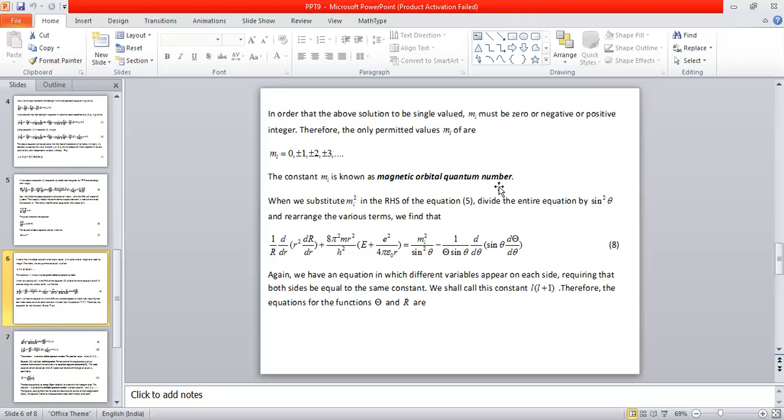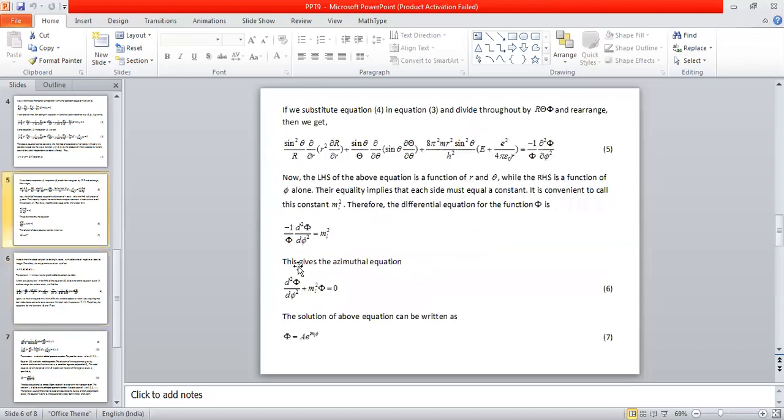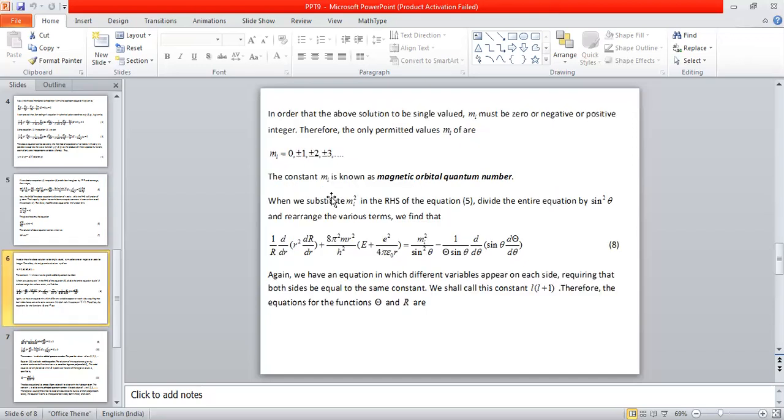So right now, one important quantum number associated with the hydrogen atom, which arises because of the azimuthal equation 6, is the magnetic orbital quantum number. The symbol for it is M subscript L. So this is one quantum number we have come to know about in the case of the hydrogen atom.